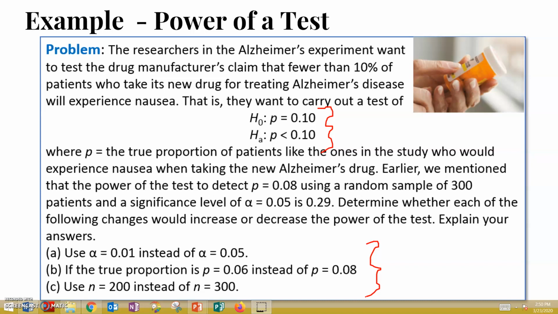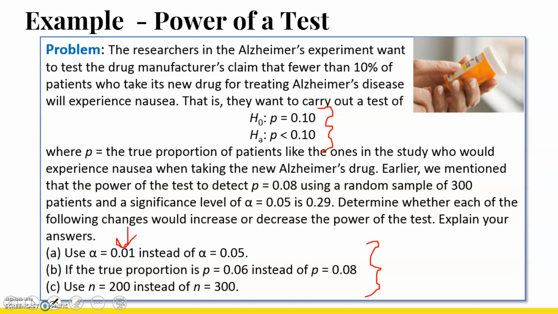Okay, so we're going to look at these three letters down here, and we're going to see which of these changes would either increase or decrease the power of our test. On part A, you'll notice we're going to decrease alpha. Alpha goes down.